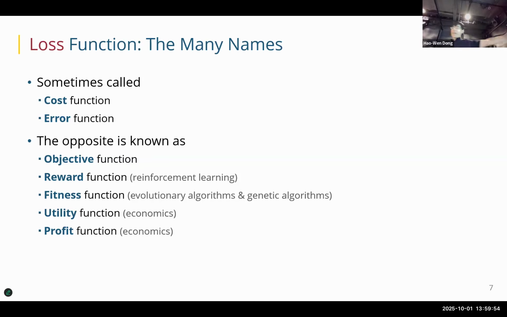One fun fact is that the shape of the Shinkansen train in Japan, that long shape, was actually optimized by a genetic algorithm. And economists use utility and profit functions. But all of these define the same idea: you want to define how good a function is.